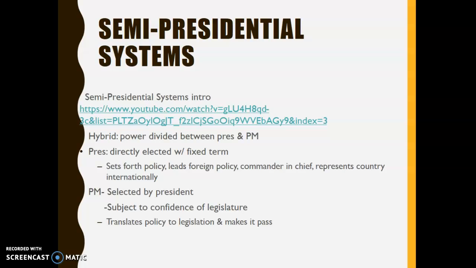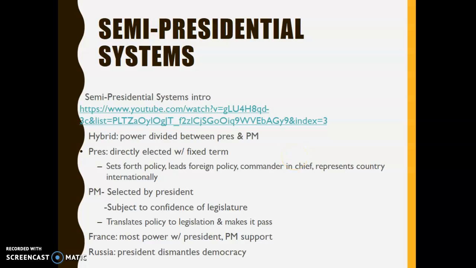He's taking the agenda or policy put forth by the president, translating that into legislation and ensuring that it passes. So the president is able to set what he wants to have happen, and then the prime minister attempts to move that forward.